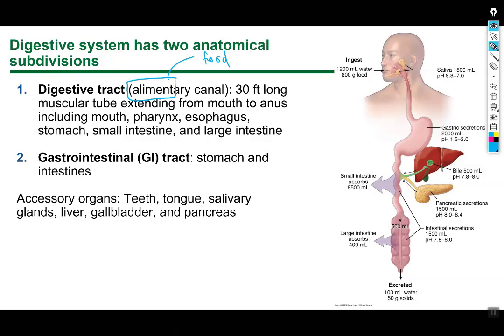So the digestive tract is the 30-foot long muscular tube extending from mouth to anus. Although humans think of ourselves as these fancy, super well-planned, thought-out, complex organisms, we're really just kind of a stretched out torus. A torus, if you're not familiar, is the geometrical term for this shape, which is a donut.